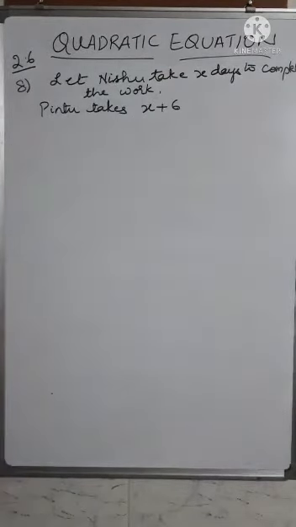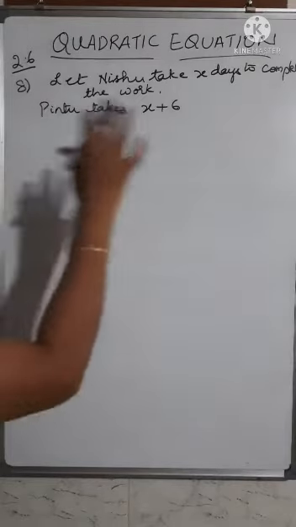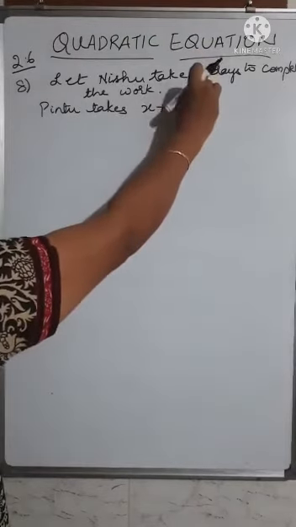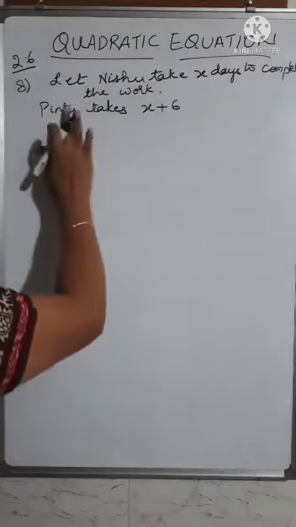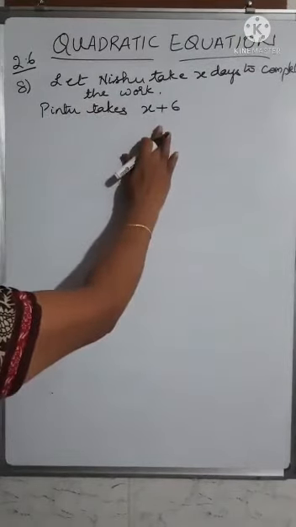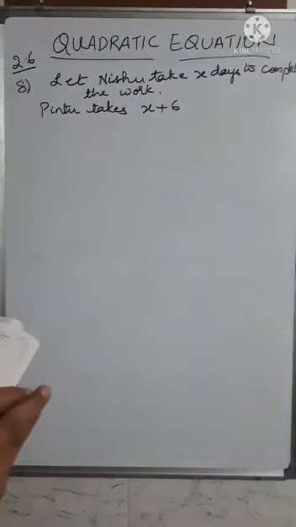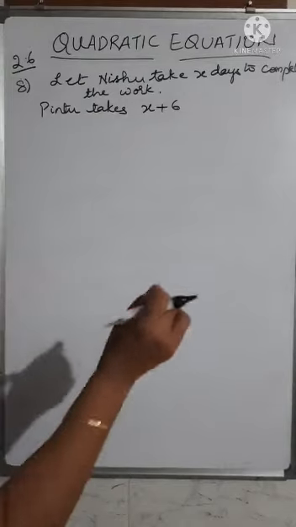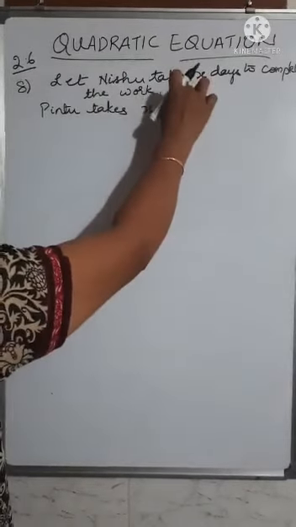Now you have to find out how much of work is completed by Nishu in 1 day. To complete the full work, Nishu is taking x days. To complete the full work, Pintu is taking x plus 6 days. So you have to find out how much of work is completed in 1 day by Pintu and by Nishu.